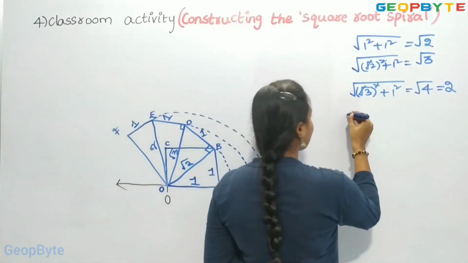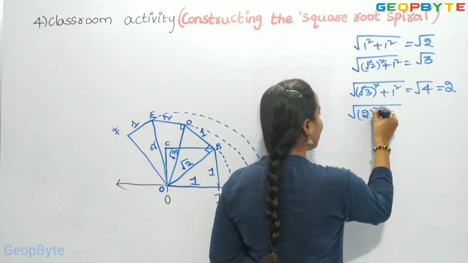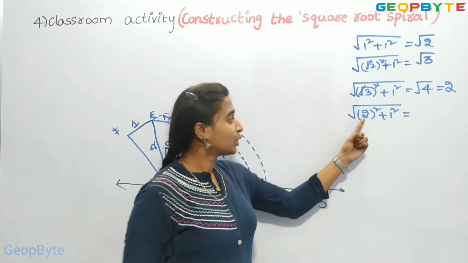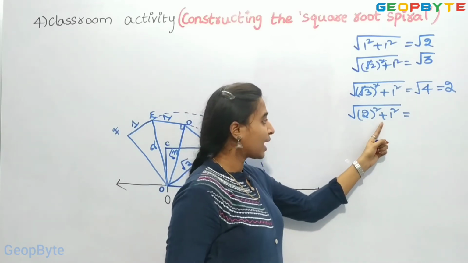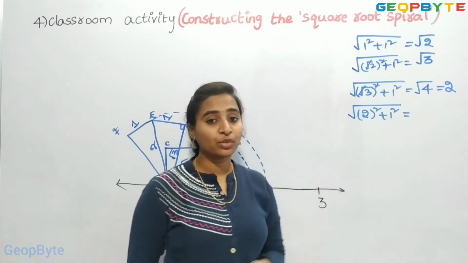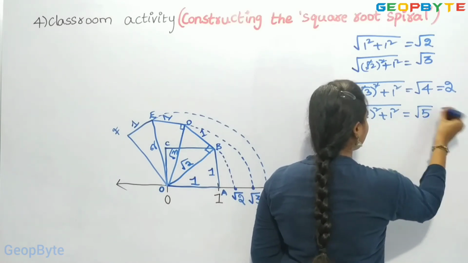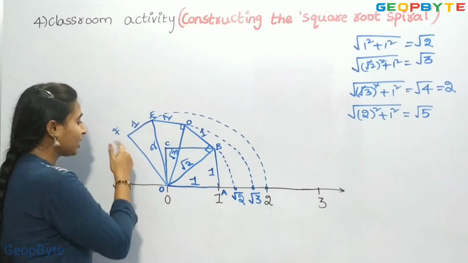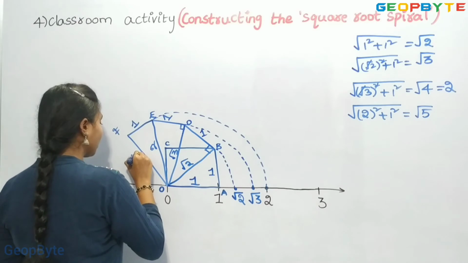That is, under root 2 square plus 1 square. 2 square, that is 2 2s are 4, plus 1 square is nothing but 1, 4 plus 1, 5, which is root 5. Now we got the hypotenuse as root 5.